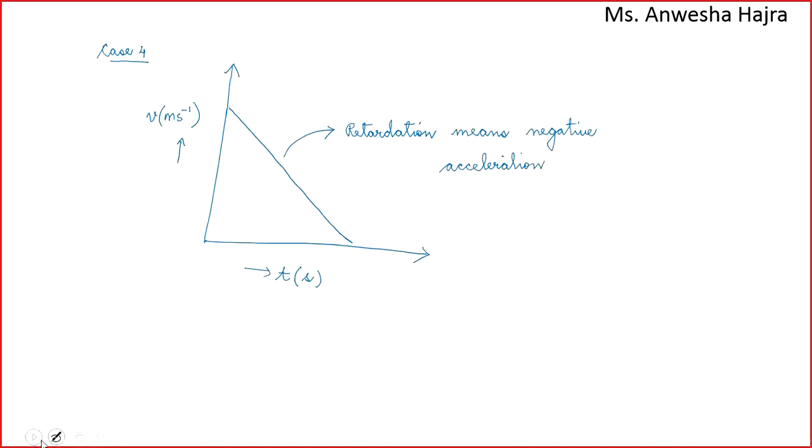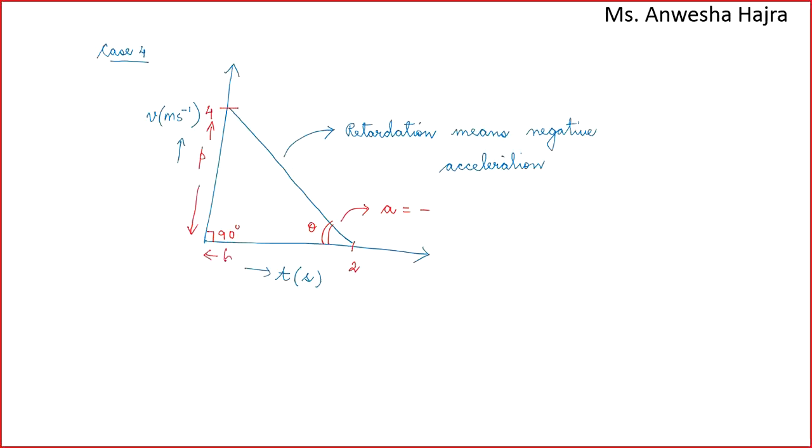Say for example, children, this point is say 4 and this point is 2. The slope is this angle. So acceleration is negative. This is 90 degrees, so this is the perpendicular.